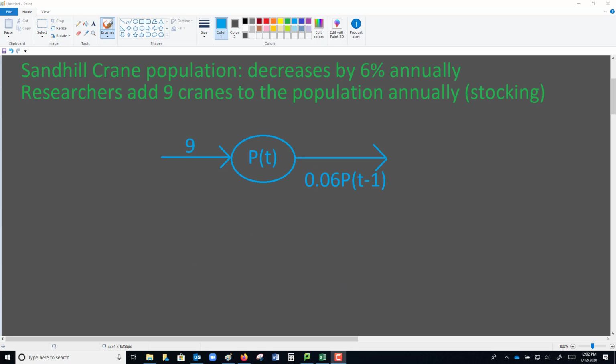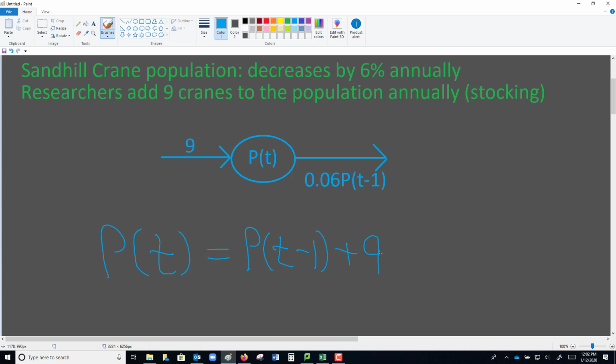With the cleaned up version of our flow diagram, this allows us to make our DDS, our discrete dynamical system equation. As usual, we start with P of t on one side. On the right side, always start with P of t minus 1 for the current population, and make the changes. We know from incoming, there's a plus 9 occurring, so we just add 9.